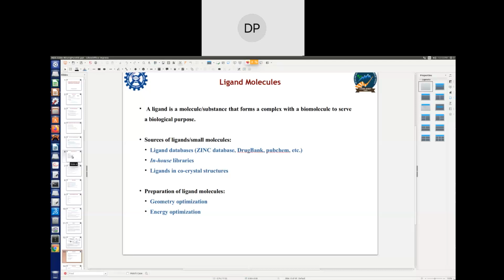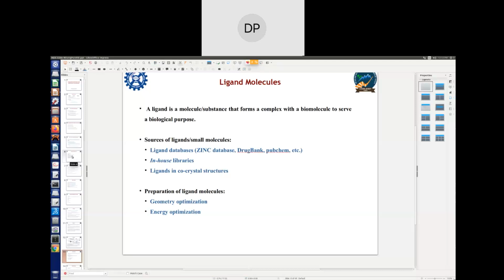So we have sources to extract lead molecules: ligand databases like ZINC, DrugBank, PubChem, or if you have an in-house library, for example the chemistry department generating a lot of molecules in their lab. One can retrieve chemical molecules from an in-house library or from co-crystallized structures. After getting it, you need to optimize it.